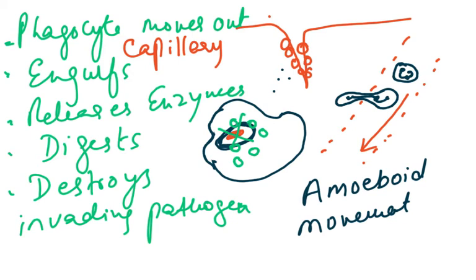Then as the phagocyte moves out, it comes in contact with all the pathogens, maybe even dust particles, maybe bacteria, maybe viruses, maybe fungal spores. So the phagocyte is a non-specific response. It just engulfs, releases enzymes, digests, and destroys the invading pathogen. And this is how your body is protected against invading pathogens.